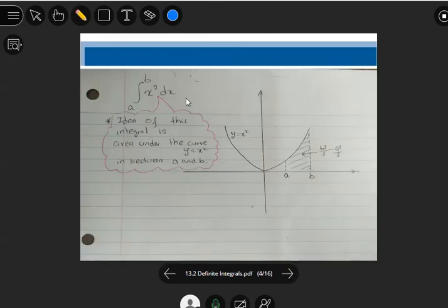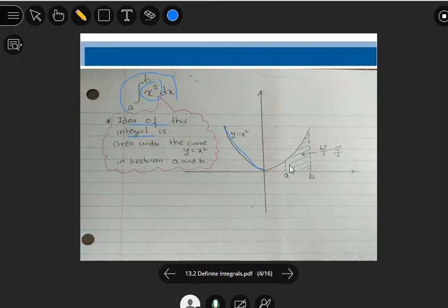So if we consider our first integral in between a and b, the idea of this integral is the area under the curve y equals x squared. So first, if we consider this is our curve, then we have to integrate, or in other words, we have to find the area under this curve in between this region.